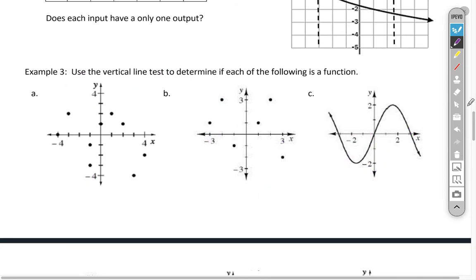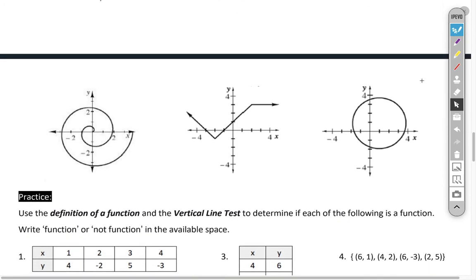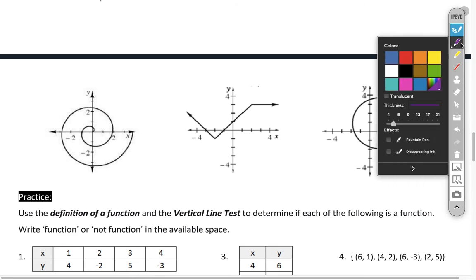Okay? We just have a few more, and then you guys will be on your own to work on your practice. So let's finish these last 3. All right, so it says, still using the vertical line test, is it a function? Well, let's see.